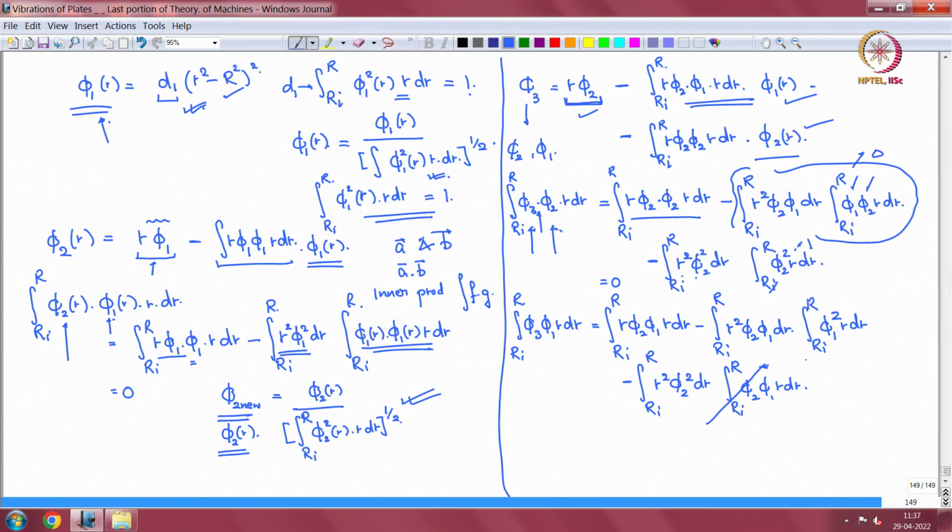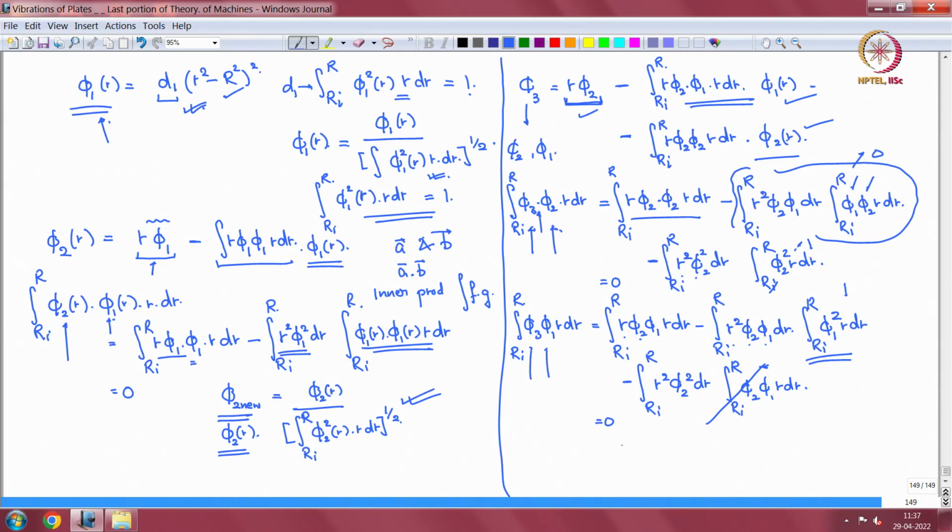Phi 1 square r dr was orthonormalized, so this is 1. I have r square phi 2 phi 1 dr and r square phi 2 phi 1 dr with a minus, so this is also 0. So phi 3 and phi 1 are also orthogonal.